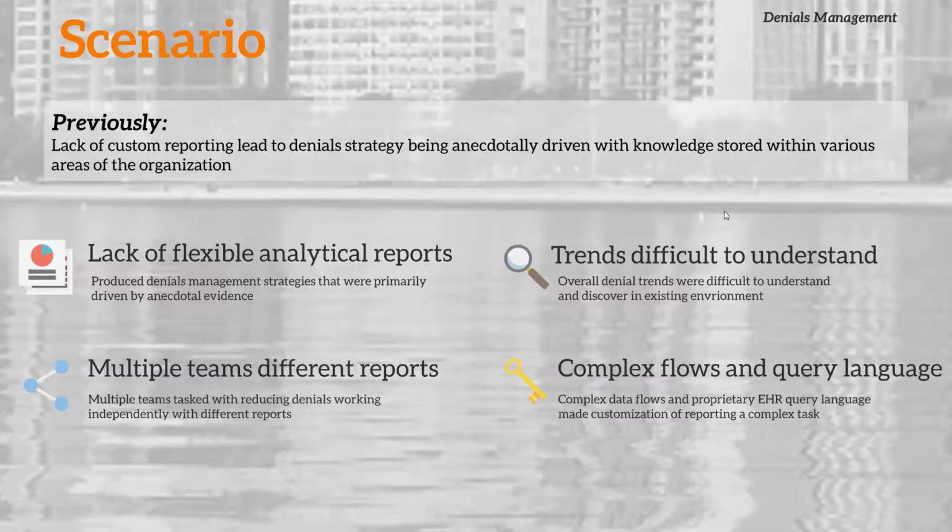But it was difficult for just any standard user to find exactly what they needed. And there were a lot of different groups within the hospital, operational and strategy teams, looking to make actionable decisions off of this data. It was tough to make flexible reports because of the nature of the data.